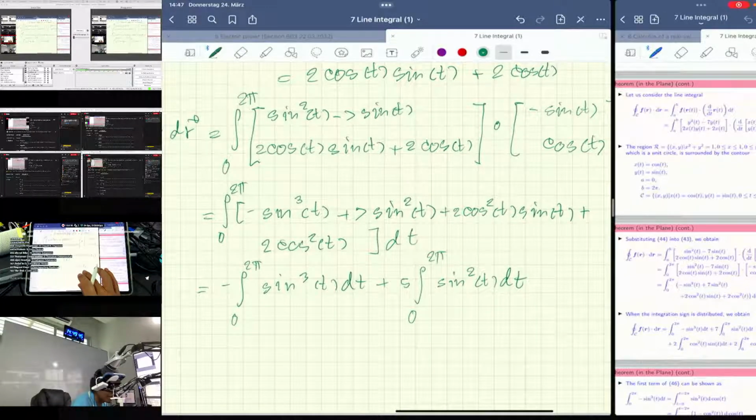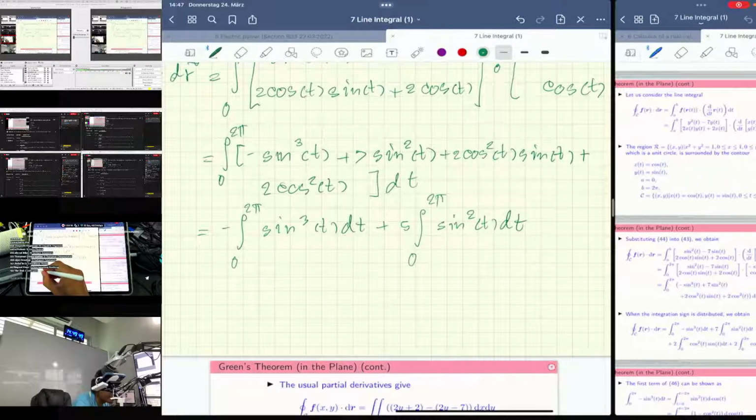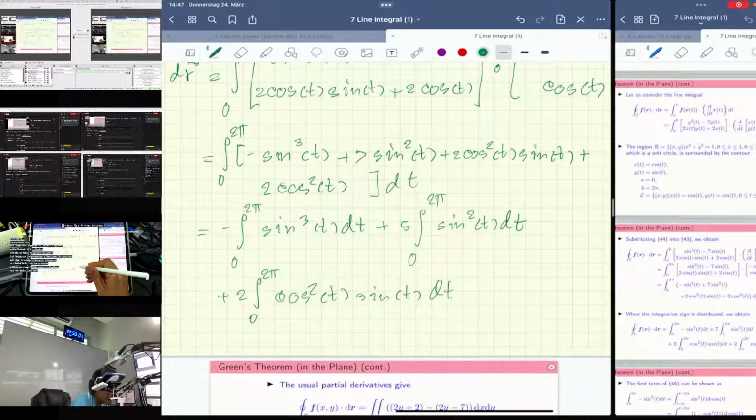The third term is plus 2 integration 0 to 2 pi cosine square t and sine t dt, right? And the fourth term will be 2 integration from 0 to 2 pi of dt.